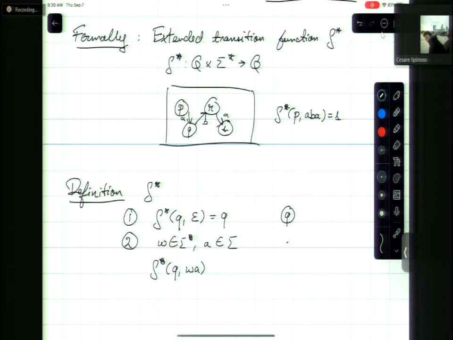But for the second case, I'm at Q, and I read W. Then I get to a state, and then I read A, and then I get to another state.